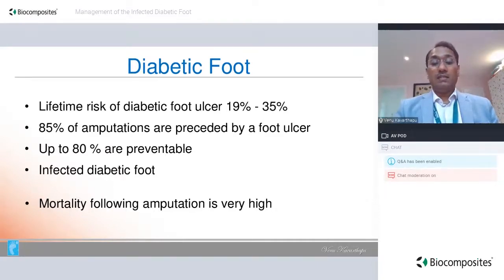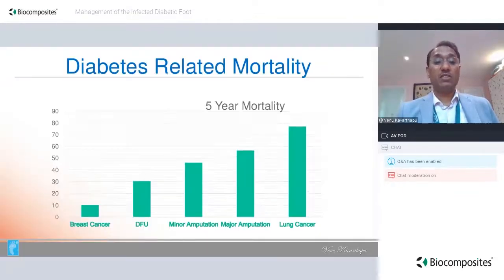You may think that we can simply do an amputation for such presentations, but unfortunately the mortality following amputation in a person with diabetes is very high. So that may not be the correct solution.